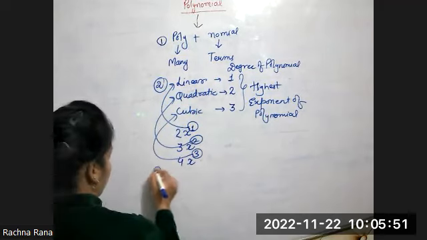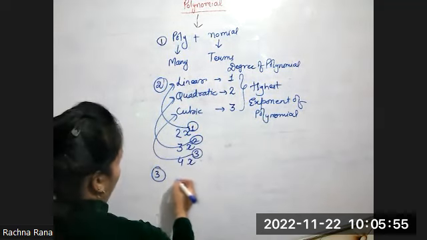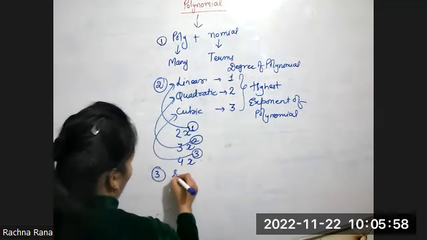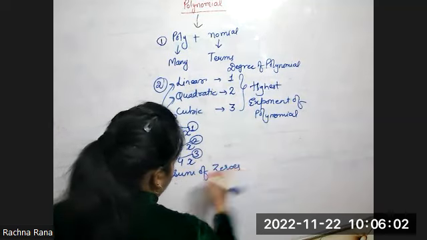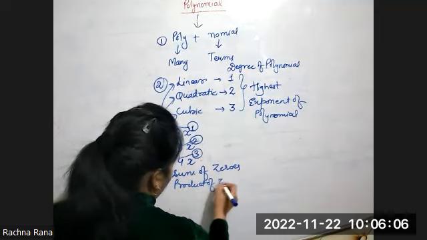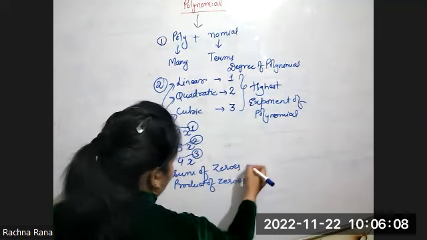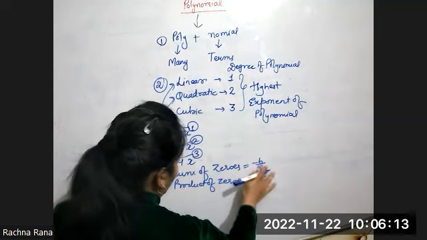Third point I discuss in this video is about sum of zeros and product of zeros: minus b over a, c over a.